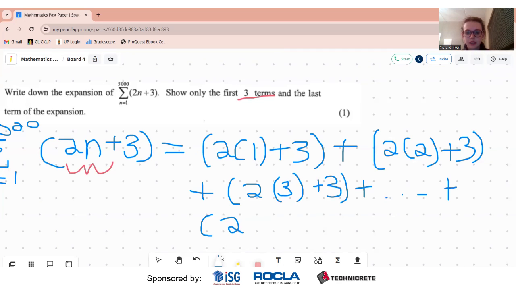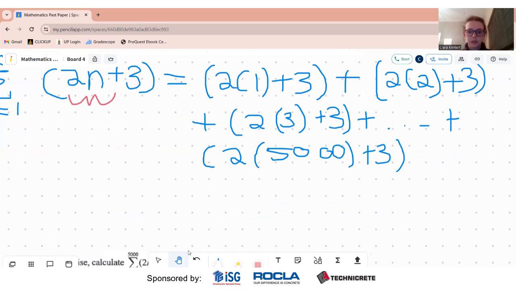And now we need to calculate the last term, which is for n is equal to 5,000. So I just substitute 5,000 into the formula, plus 3. Now I want to simplify this because it doesn't look nice.